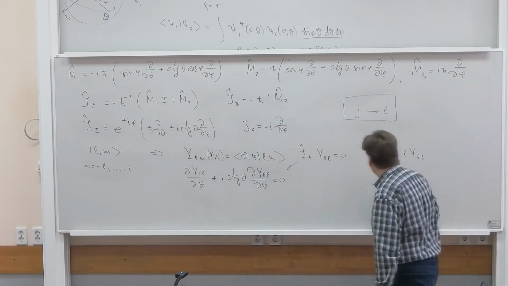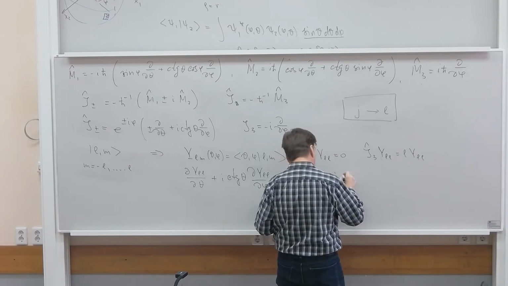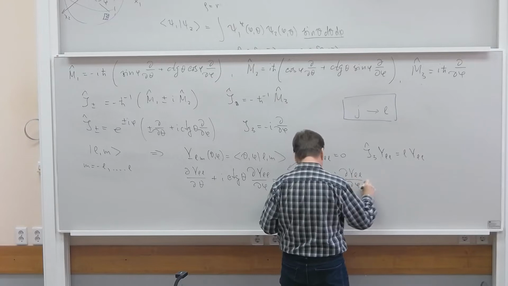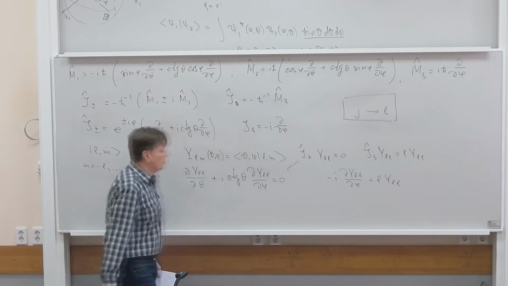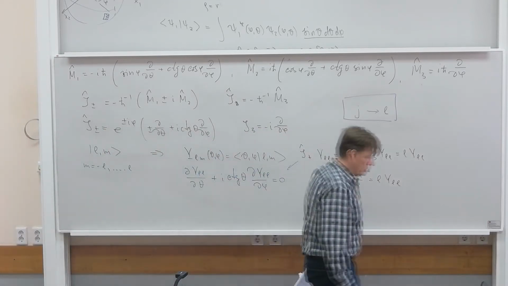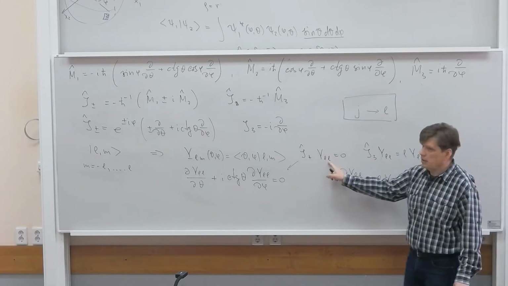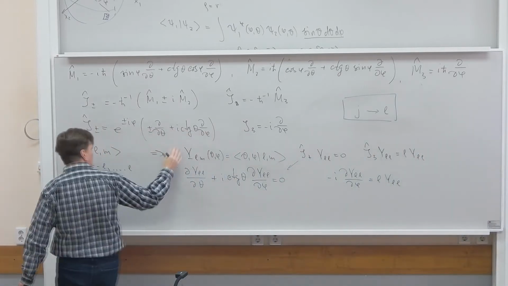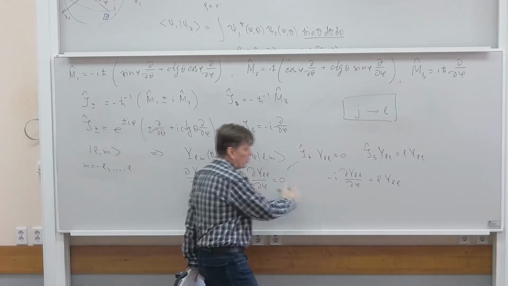And the second one is given by d Y_LL by d phi equals i L Y_LL. So we have two linear differential equations on our function Y_LL, the highest value of J3.